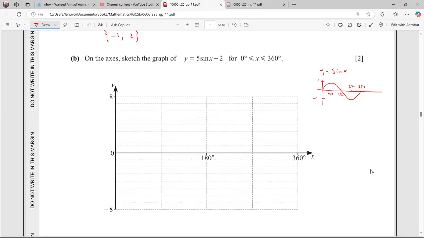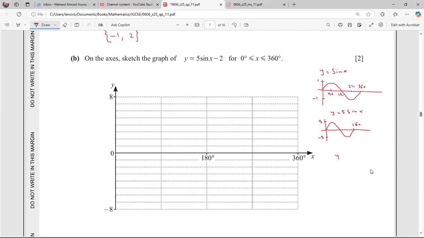Okay, so if I have y equals 5 times sine x, I just need to stretch this graph in the vertical direction by 5 times. So it has exactly the same shape. Just this point is going to be 5, and this is going to be minus 5. And it is 360 as before, and 180 and 90 and 270.